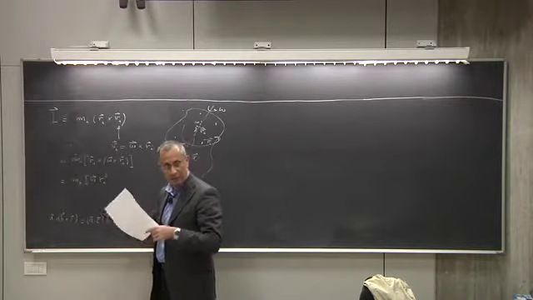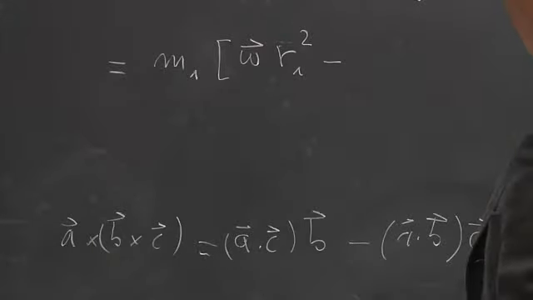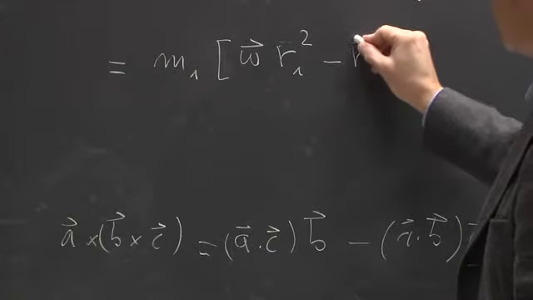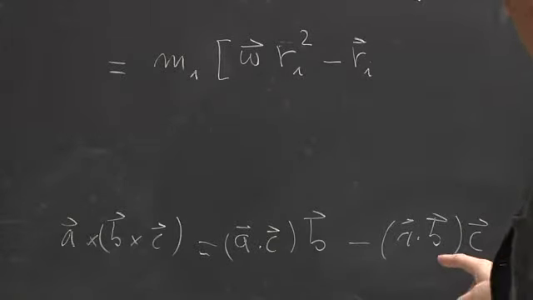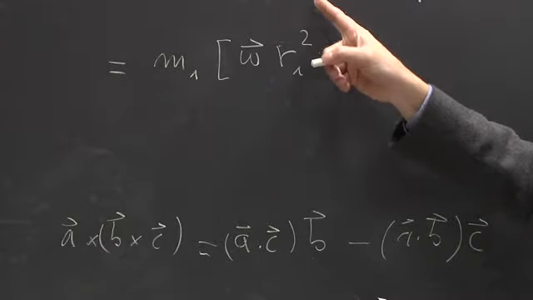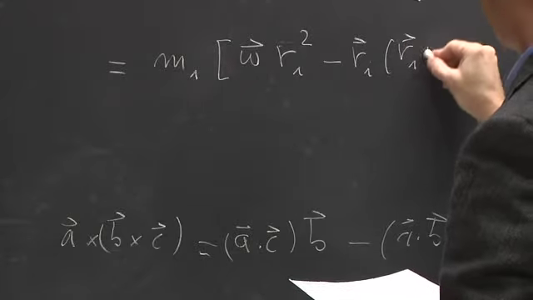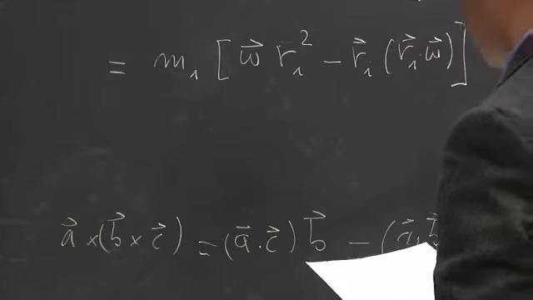Because you take the scalar product of two vectors. So minus C, right? So C here is r_i, so this is the vector r_i. Then you have to take r_i scalar omega, like this.